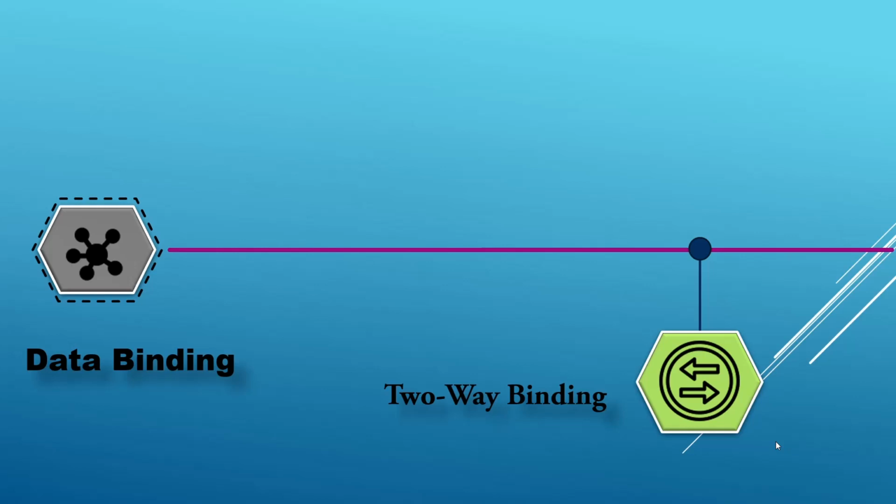So that is two-way data binding. We do that with the help of square brackets and round brackets, and then we use ngModel and then the variable name. By using that, you can do this two-way data binding.